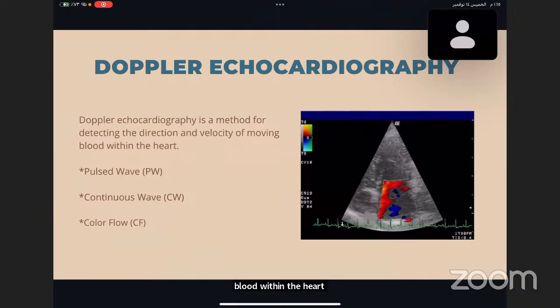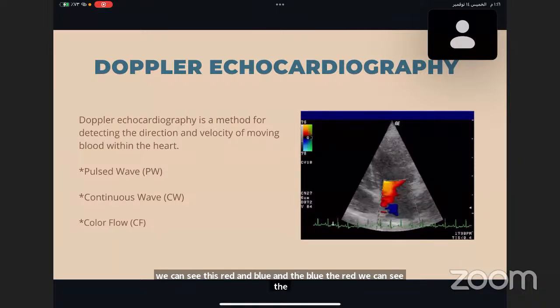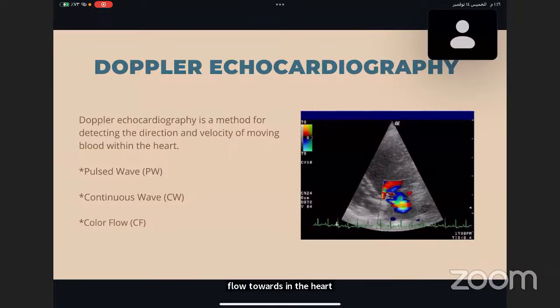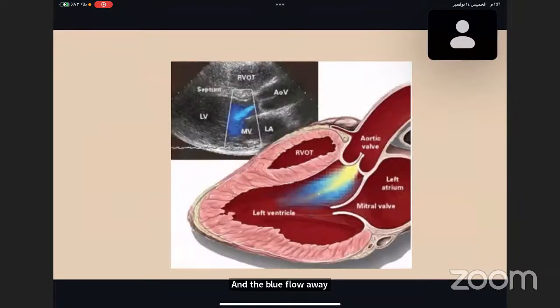We have pulse wave, continuous wave, then color Doppler, and we can see the red and the blue. The red is flow toward the transducer and the blue is flow away. In this picture, we can see the blood flow from the aortic valve to the left ventricle.